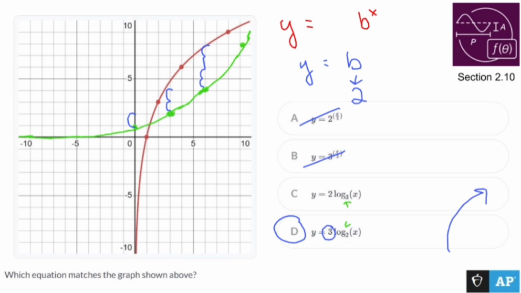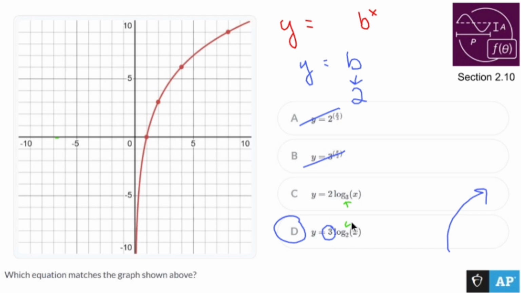Well, notice up here, in the inverse, I went up 1 over 3, up 2 over 3, up 4 over 3. So when I go back to the original problem, when I was in exponential form, that base told you how many spaces I go up every time. Well, now it tells me how I go over every time.